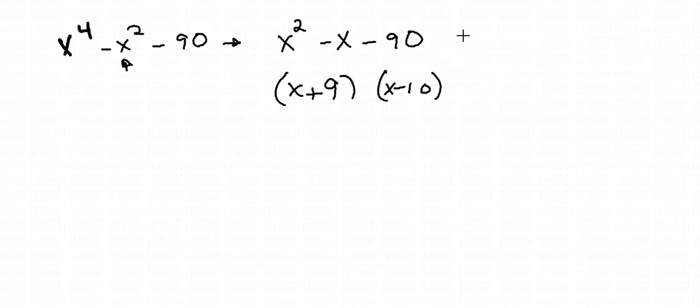Right, because you're looking for two numbers that multiply together to give you the last number, and two numbers that add together to give you the middle number, right? So those give us our numbers.